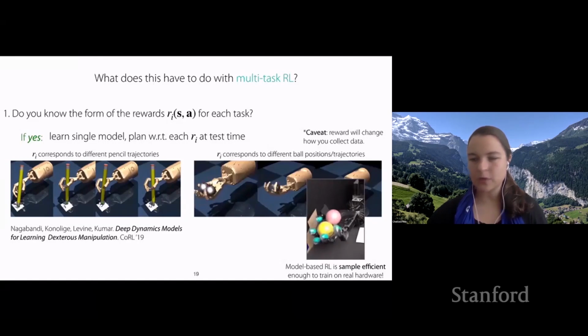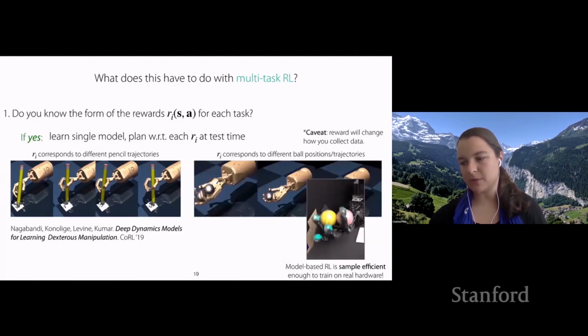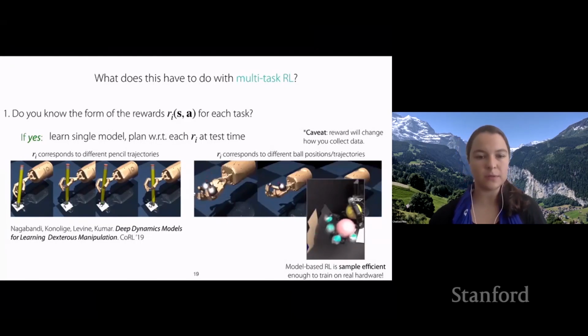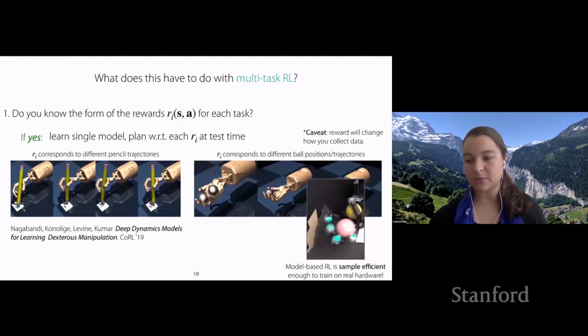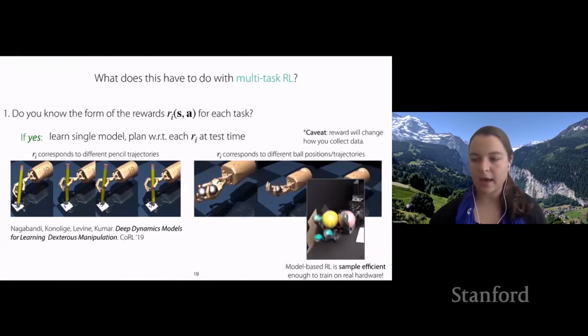Okay, so that's the case where we know the reward function. In this case, the reward function was just, for example, the negative distance between the goal position of each of the balls and the true position of the balls, or the distance between the trajectory that was drawn and the goal trajectory.